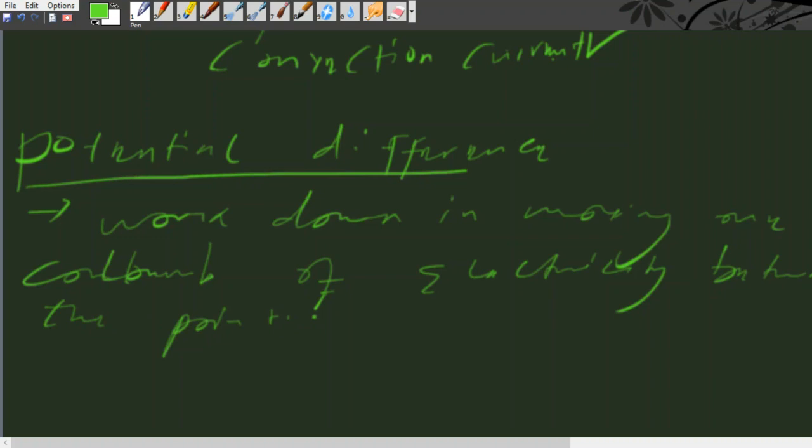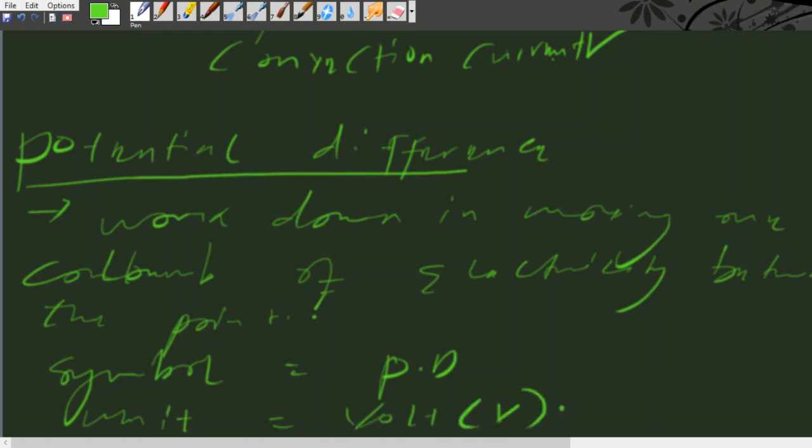And the symbol of potential difference, the symbol that we use is PD. Then the unit of potential difference, that's volts. So we use the volts, and the volts are represented by V.